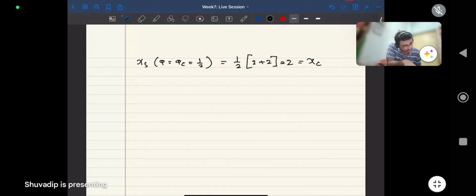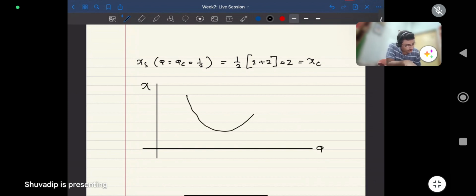Now if we plot chi versus phi, we get a symmetric line about half. So this point is phi c equal to half, and there will be another line here.